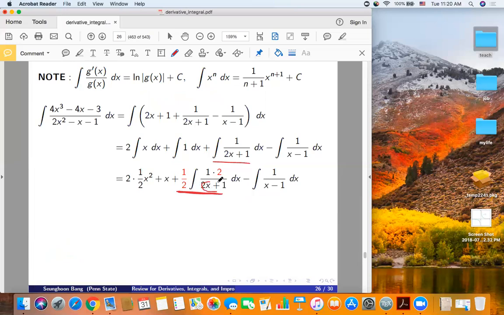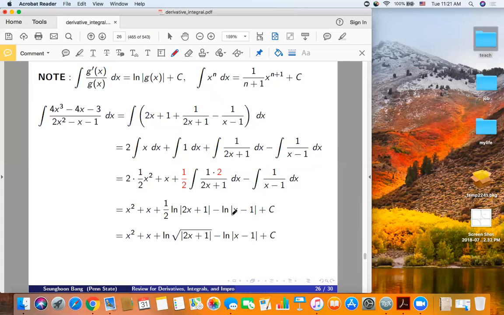Here, 2x plus 1 is g of x and this is g prime. We can use this rule. So x squared plus x plus 1 over 2 times ln of absolute value of 2x plus 1. This x plus 1 is g of x and this 1 is g prime of x. We can use this idea.